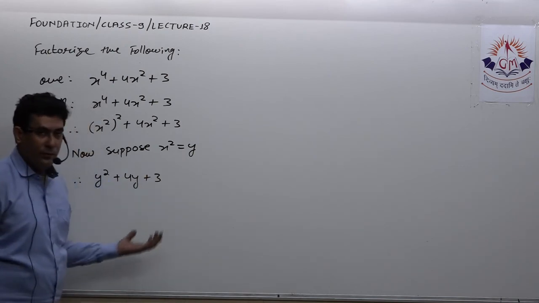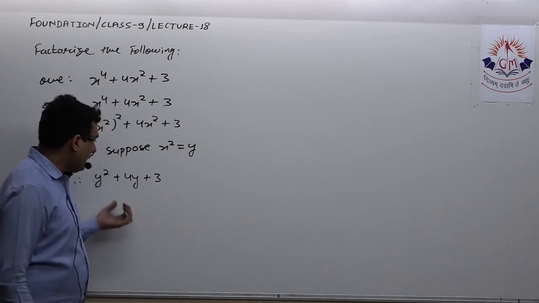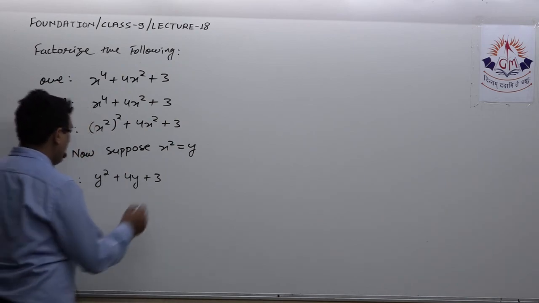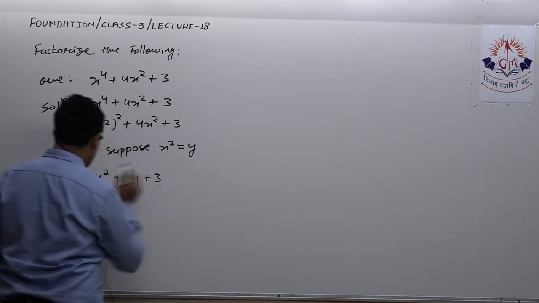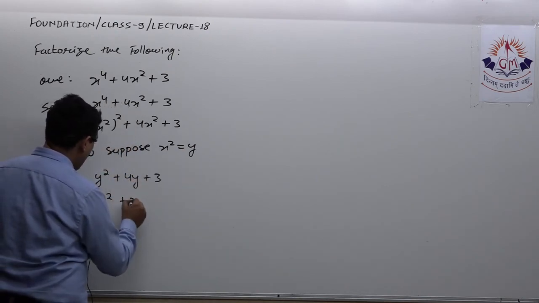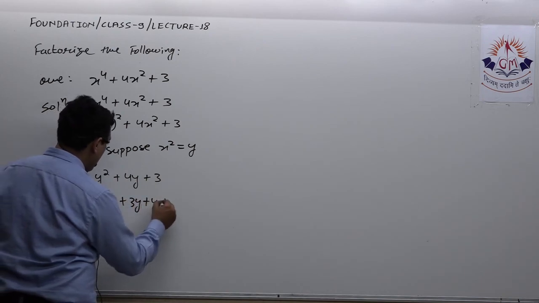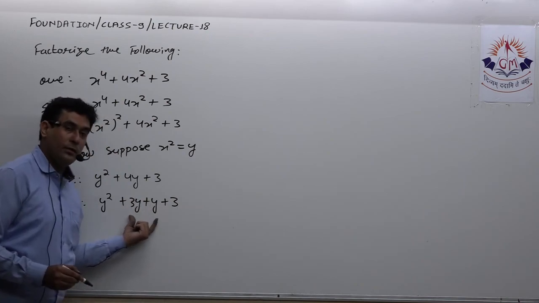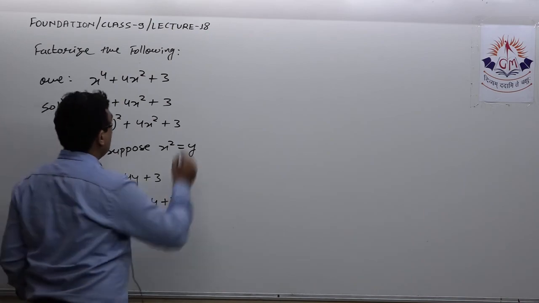Now the same thing, we have to find the factors of 3. Factors of 3 are 3 and 1 only. So instead of 4y, I can write 3y plus y. Their sum is 4y, their product is 3y square. So this is absolutely correct.